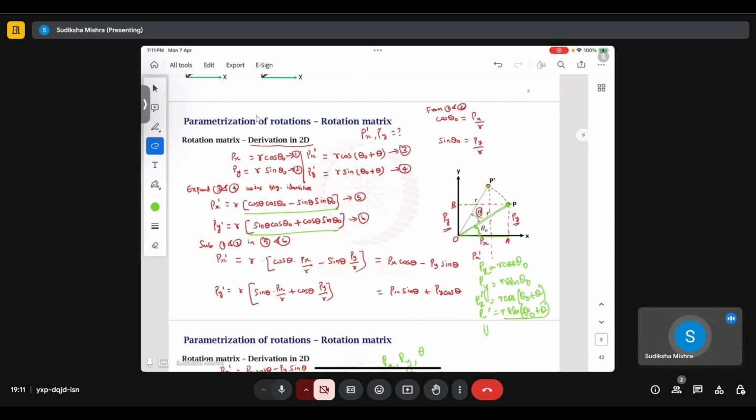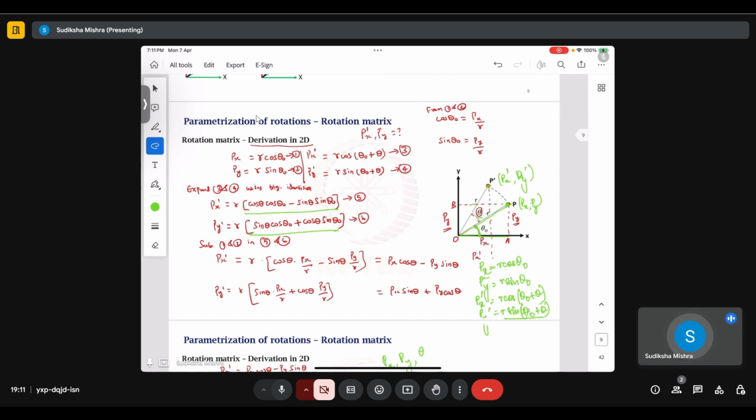So in that kind of condition, how will you know what P dash is? This is say Px, Py, and P dash is Px dash and Py dash.